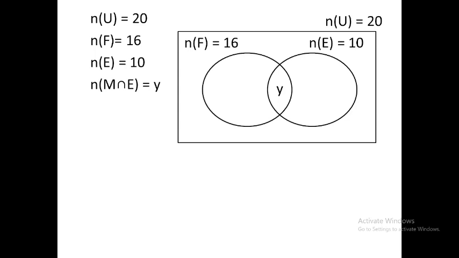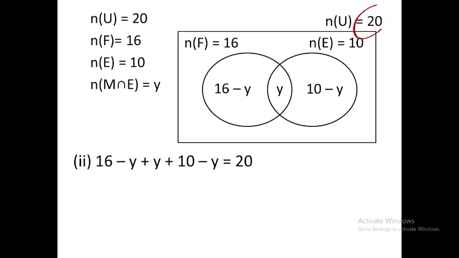So I need to subtract the intersection from it, and the intersection in this case is Y. So we have 16 minus Y, and then 10 minus Y. Now I need to add the 16 minus Y plus the Y plus 10 minus Y and equate everything to 20. So that is what we have there.